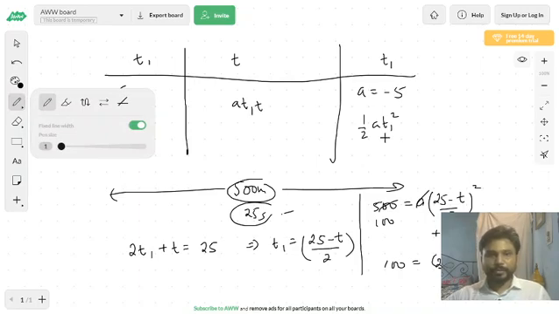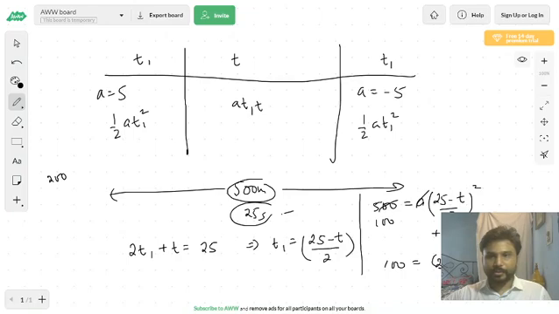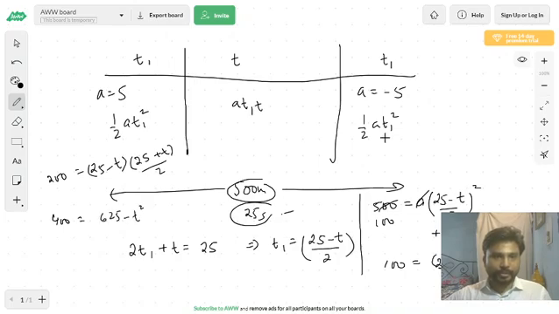So this would come out to be 200 is equal to (25 minus t) into (25 plus t) upon 2. So this would come out to be 400 is equal to 625 minus t squared. So t squared would be 225, or t would be 15 seconds.